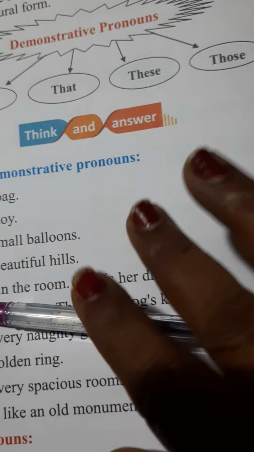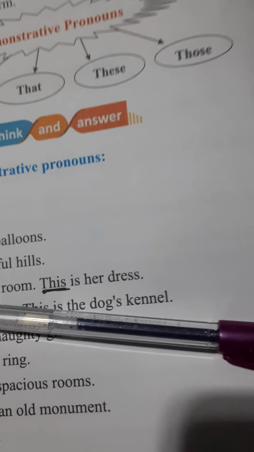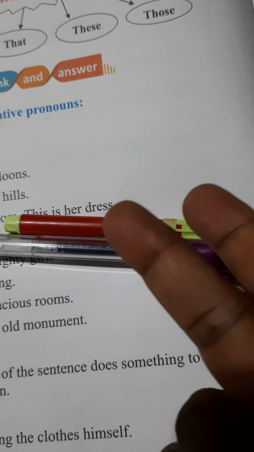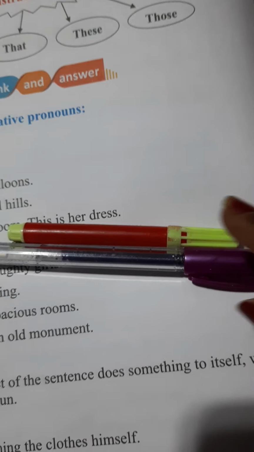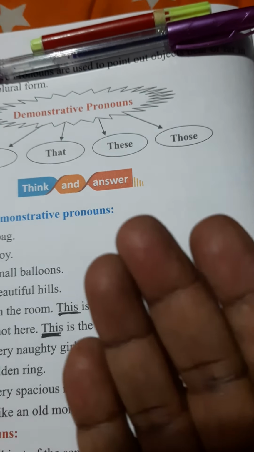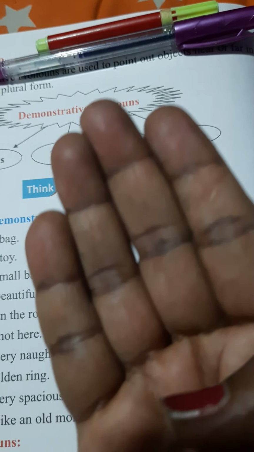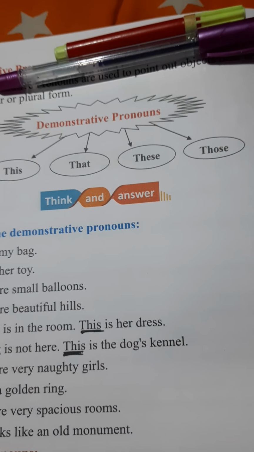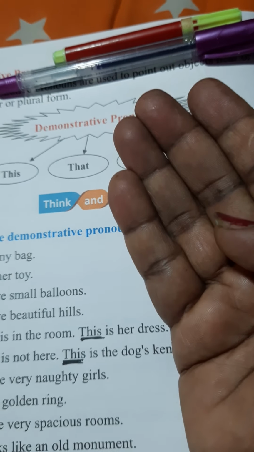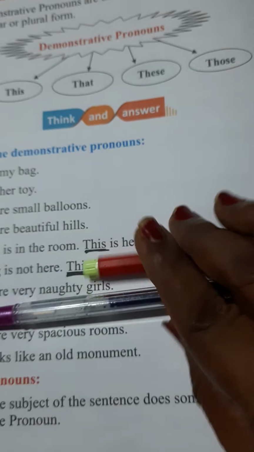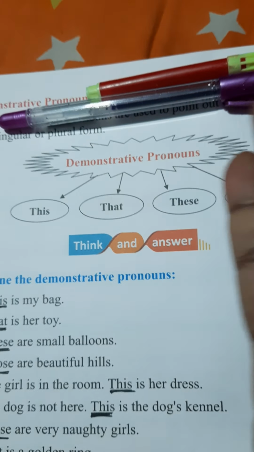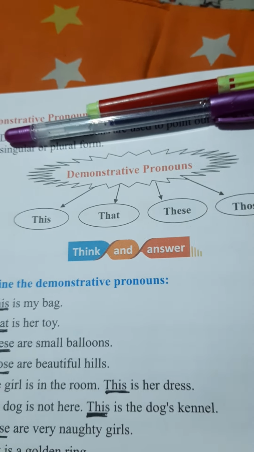And these same pens, when they are lying far away, I'll say those are two pens. Plural lying close is these, plural lying far is those. Okay, clear to all of you?